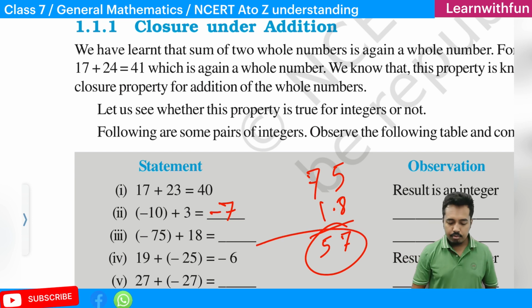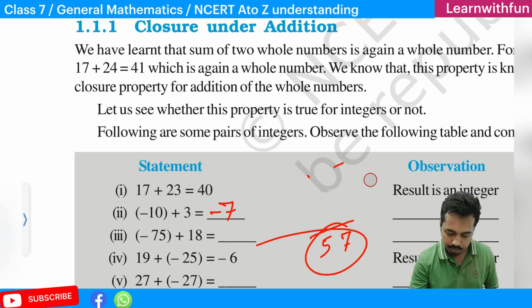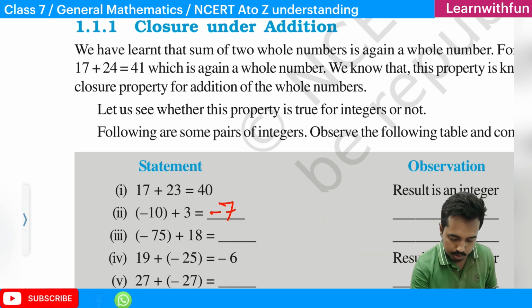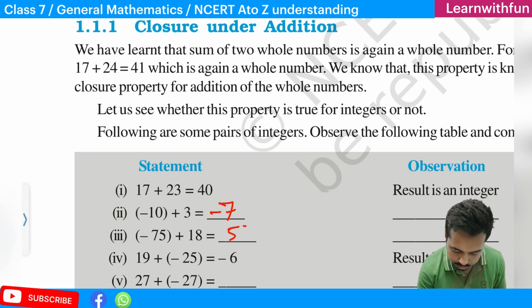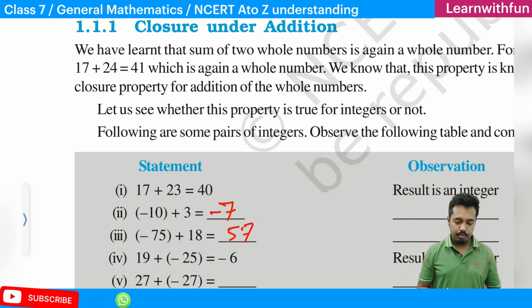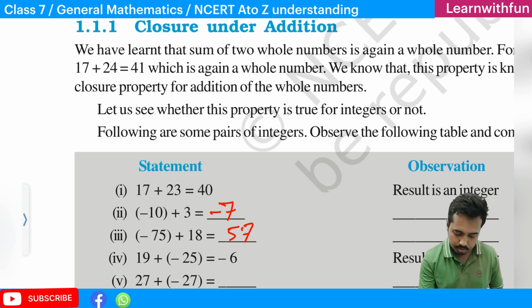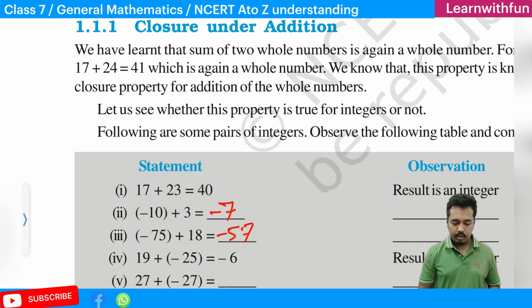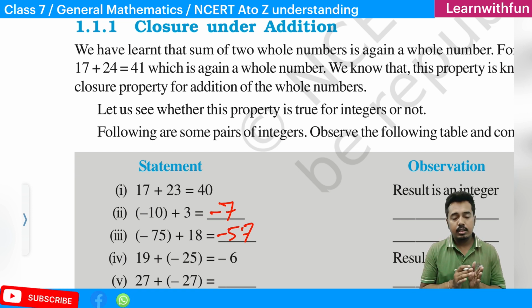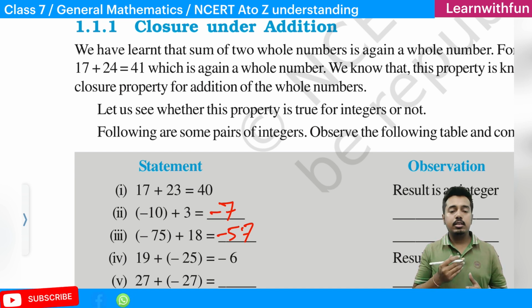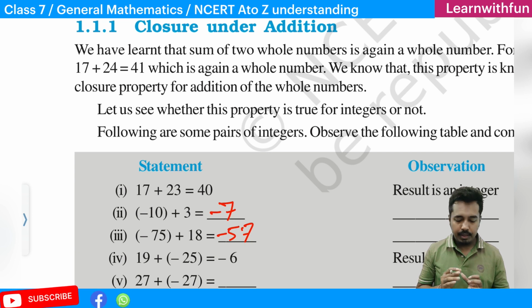So the result is 57. You can put 57 here, but the sign before the larger number is negative, so you'll have to put negative sign here. So we can see here that the sum of any two integers is also an integer. So we can say that integers obey the closure property under addition.